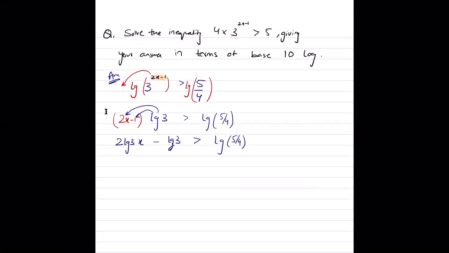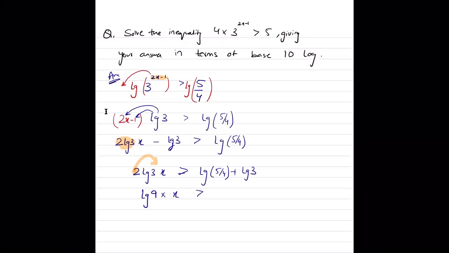Yeah. I can also take LG3 on the other side, so LG3 x minus... so this is going to be LG 5 upon 4 plus LG3. What is 2 LG3 in terms of log? I can take 2 as a power of 3 and make it LG9 times x.